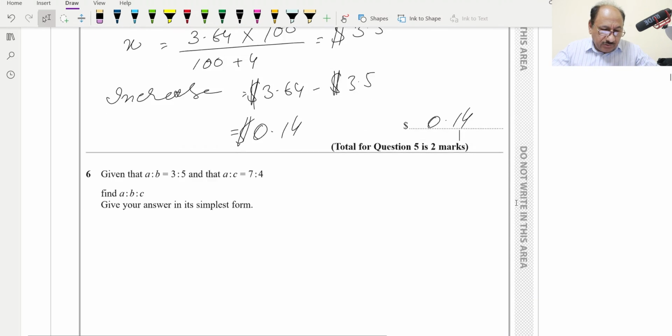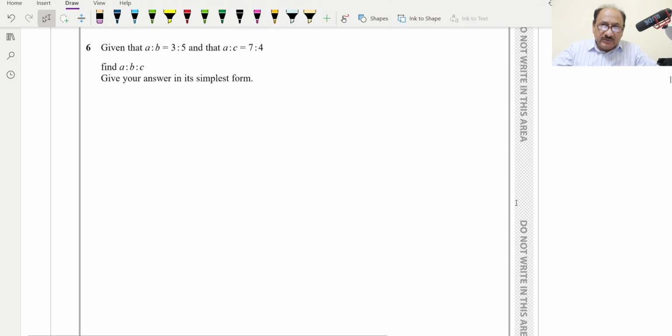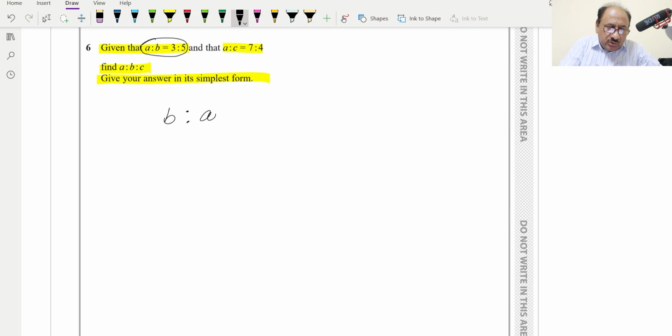Hopefully you understood this. Now question number 6. Question number 6 says given that the AB ratio is this one and the AC ratio is this one, find ABC. Give your answer in simplified form. So we have to basically connect the ratios. Instead of writing the AB ratio, I will switch to B ratio A, so 3 and 5 will also switch and it will be 5 ratio 3.